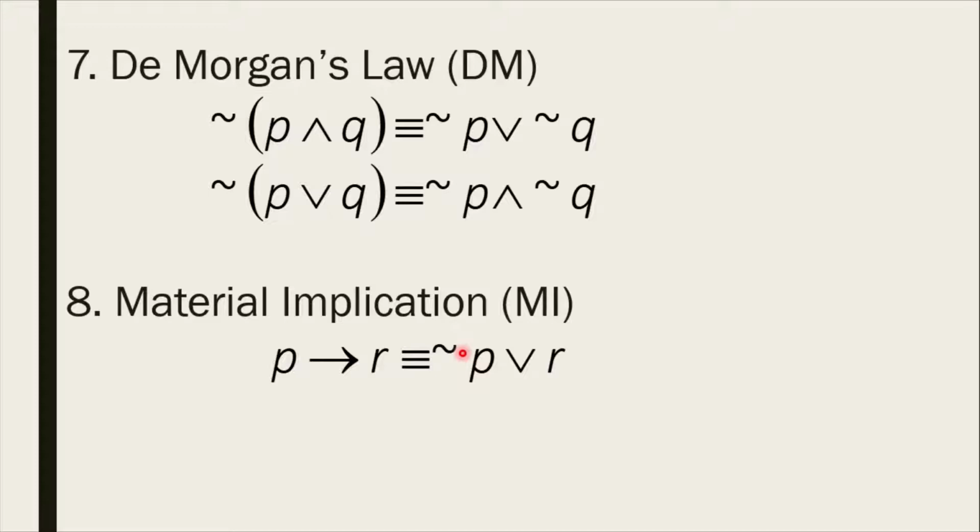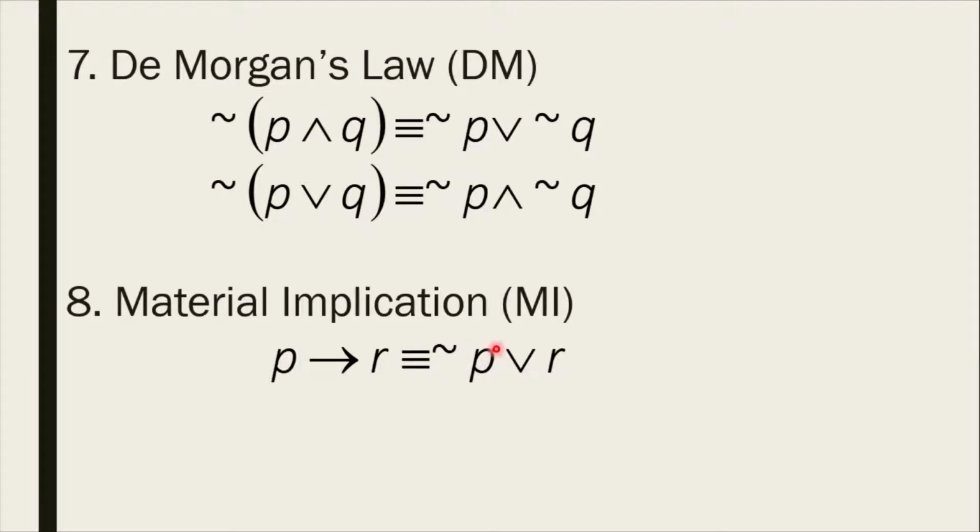That's the material implication. Take note that if we have P implies R and we're going to change it using the material implication, it must be a disjunction of its constituent parts, and the antecedent, in this case P, is negated.